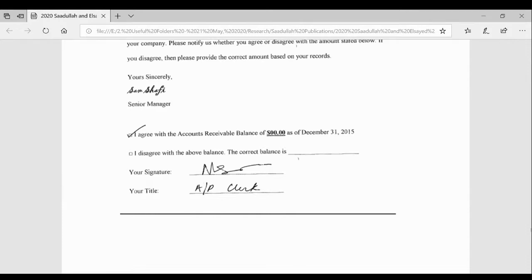Every time you have a misstatement, you do the calculation based on the number of misstatements you have. You project that onto the population just as we discussed before, and you come to the conclusion. All right, are you following? So this is how we do the accounts receivable confirmations.